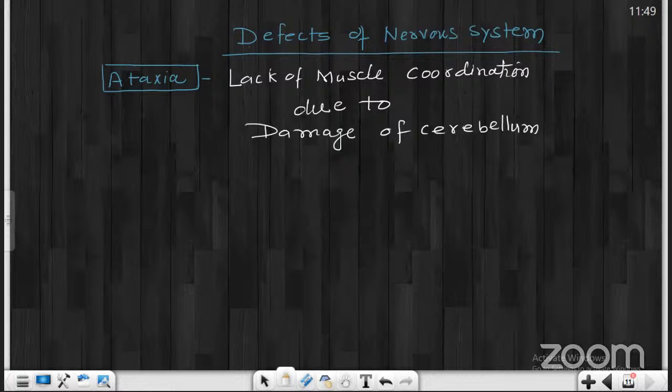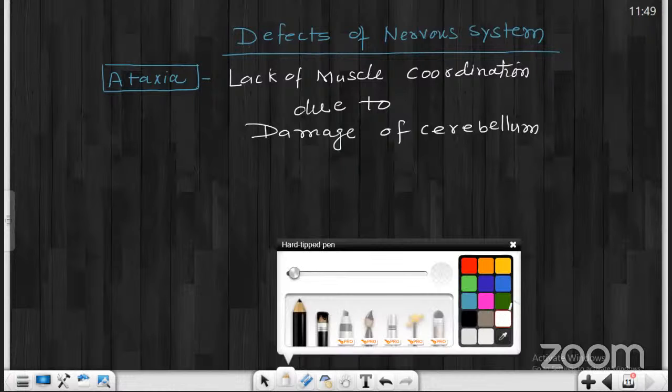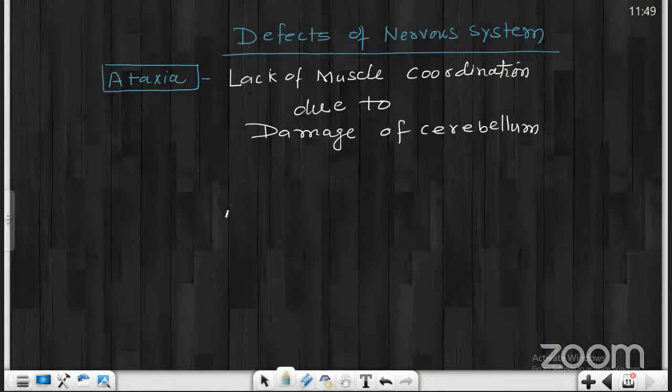One more defect here, that is dyslexia. नाम तो सुना ही होगा, dyslexia. सुना है बच्चों dyslexia?